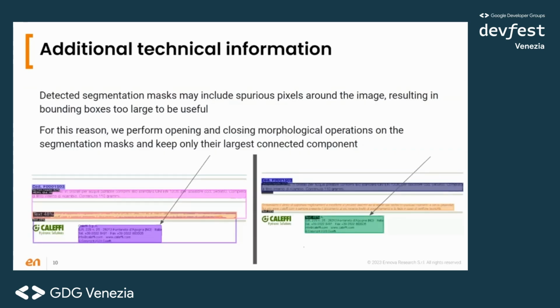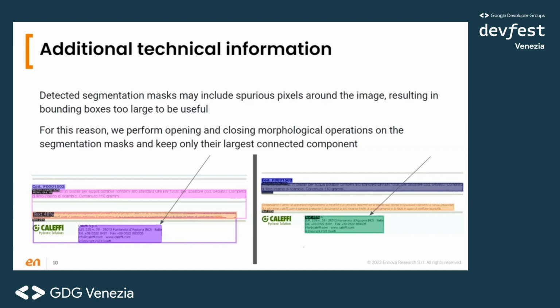In case you're looking at implementing something like this, just a word of warning: when you are working with pre-trained document segmentation models, either you are working with documents that are very, very close to the training set, or you will not get the best performance out of these models. There can be some random errors. If you look at the bottom left, we have the segmentation of the page and the retrieved bounding boxes, which are much larger than the actual segment of text because there are random single pixels activated around the image with the same label.